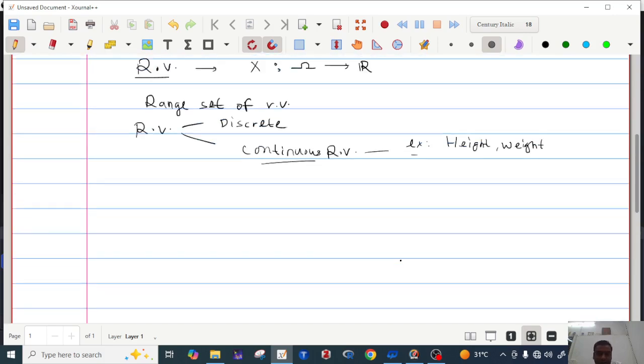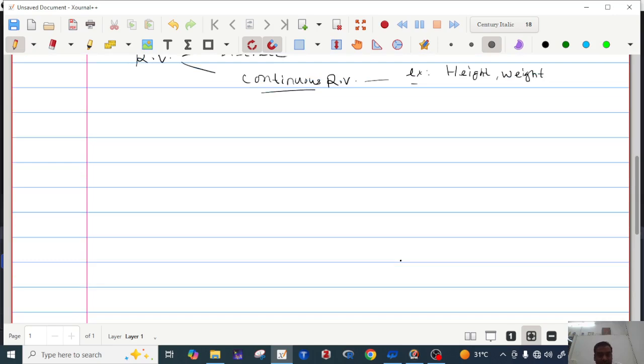Univariate continuous probability distribution, all for the continuous random variable. So let's start with the main concept of this chapter: the probability density function.